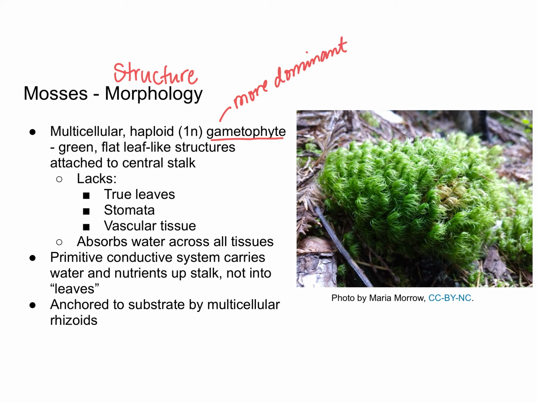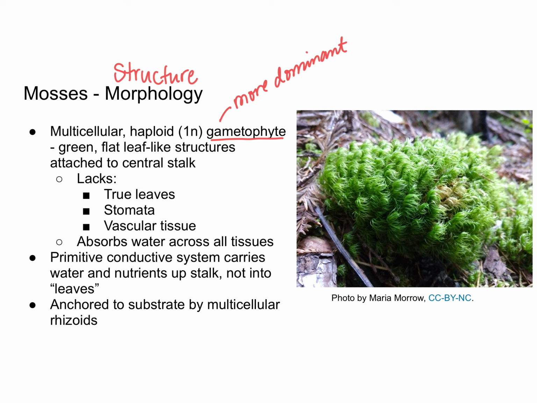And what we mean by dominant is that the plant spends more of its time in this part of its life cycle, and it's just more conspicuous or more noticeable. And this is kind of unique amongst plants. So all of the other plants that we talk about will be focusing on the sporophyte generation being the more dominant of the generations in the alternation of generations.